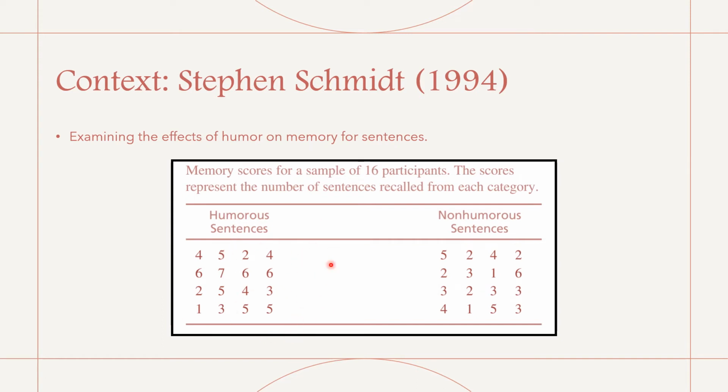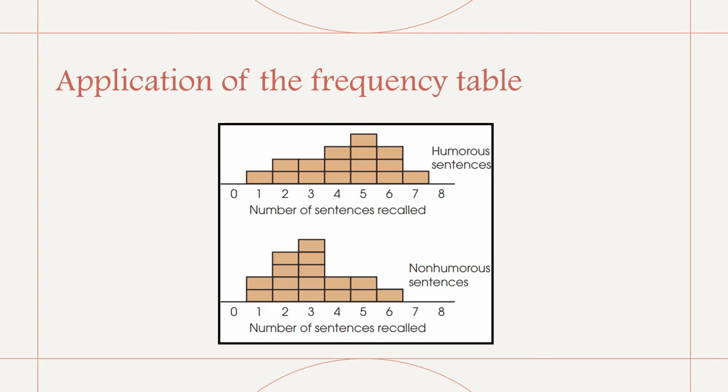Now, once you get this, you can plot a graph. The graph would look something like this, right? So this is an application of the frequency table, before we get into how a frequency table is constructed. Can you see the frequency distribution? We saw one there, so that's just one block.